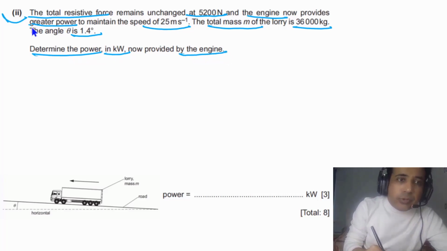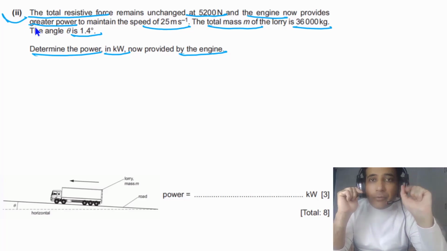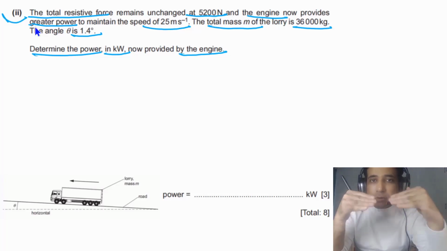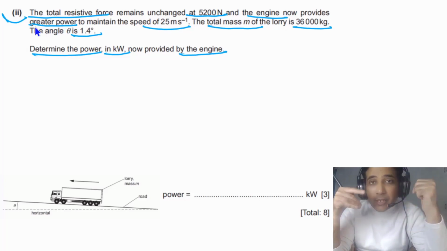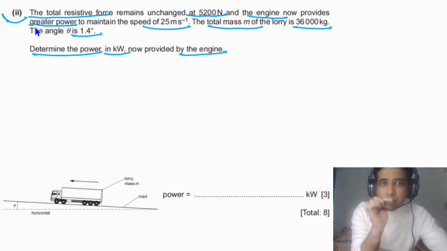In this question, the power is greater now. So if the power is greater, the thrust provided by the engine is greater than before. So the sum of resistive forces has to be greater than before, because the power is greater and the speed is the same. This is one thing you can understand from this question.